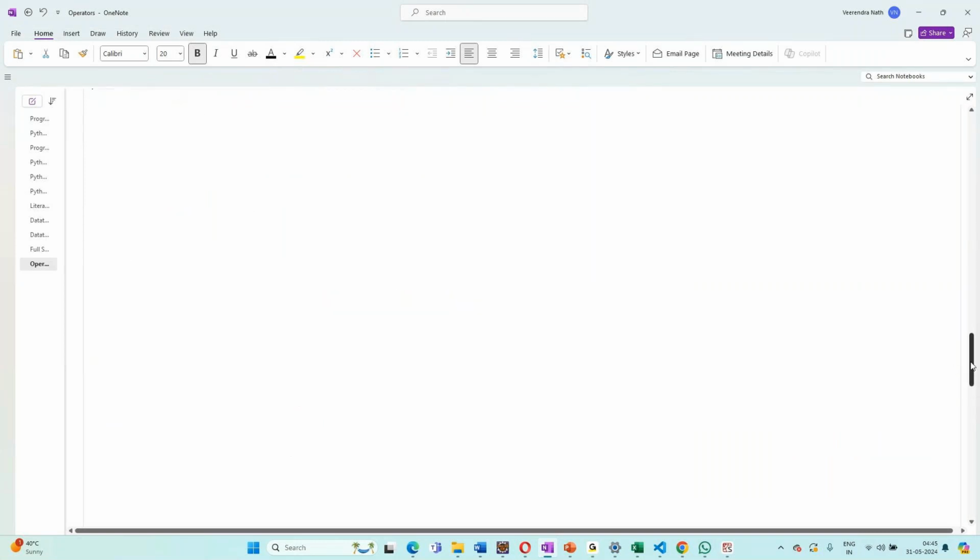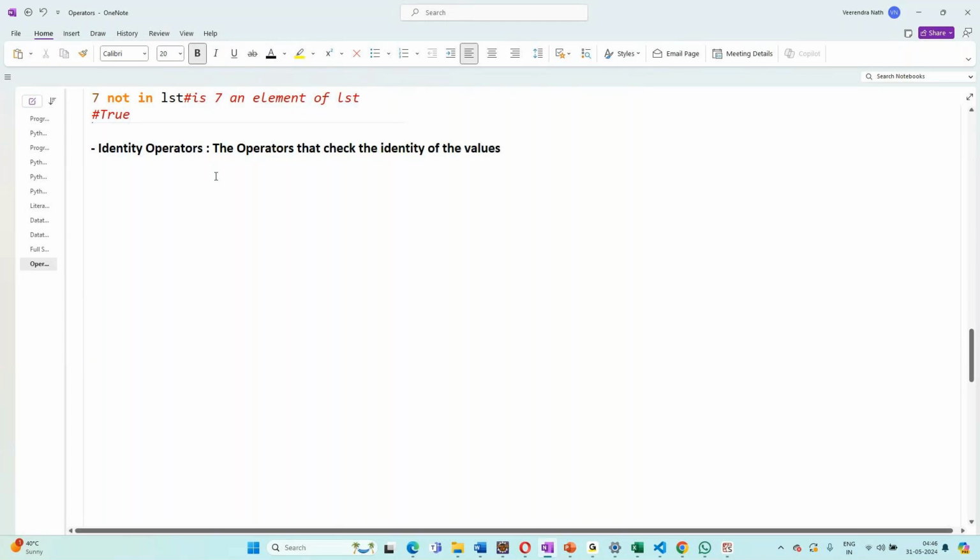So what are the identity operators? Identity operators are operators that check the identity of the data values and return either true or false.